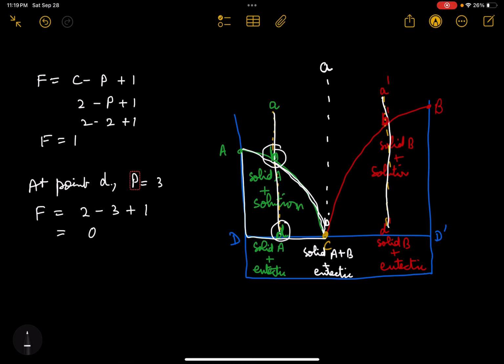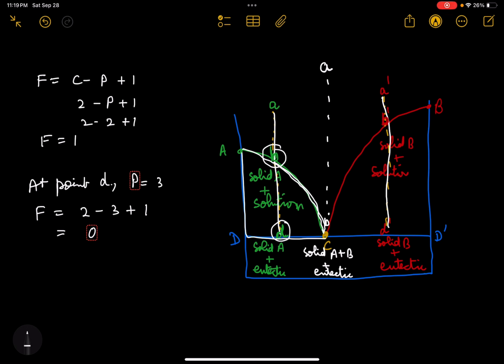The system becomes invariant. On further cooling below D, both solid A and solid B separate out together in a fixed ratio, and the composition of the solution remains constant below the line DD dash. The solution phase is completely solidified and the system consists of solid A and solid B.